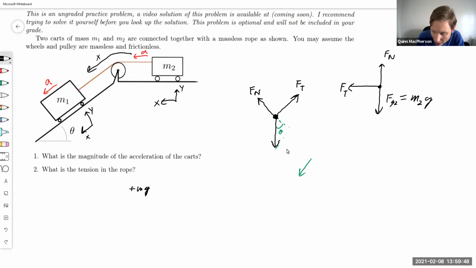I'm going to put m1g over here, and this and that are the two components, where this one is mg sine theta. So we have mg sine theta.